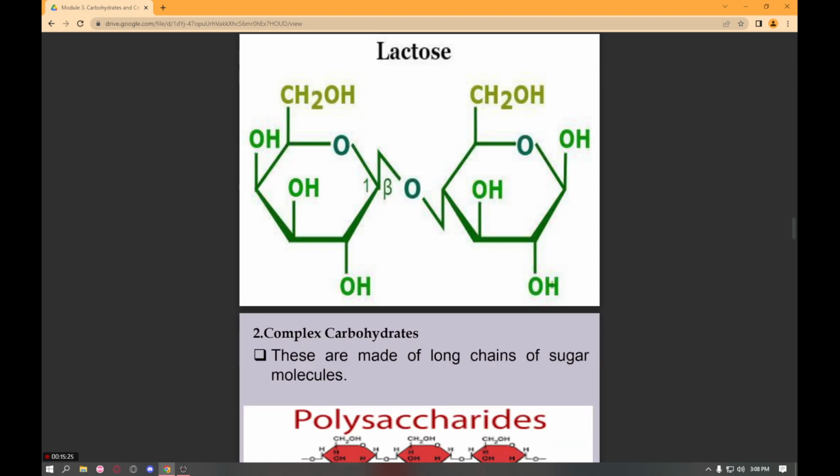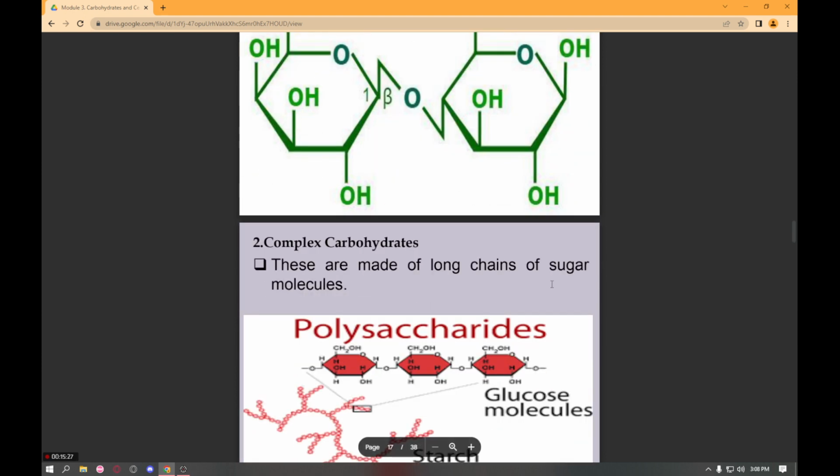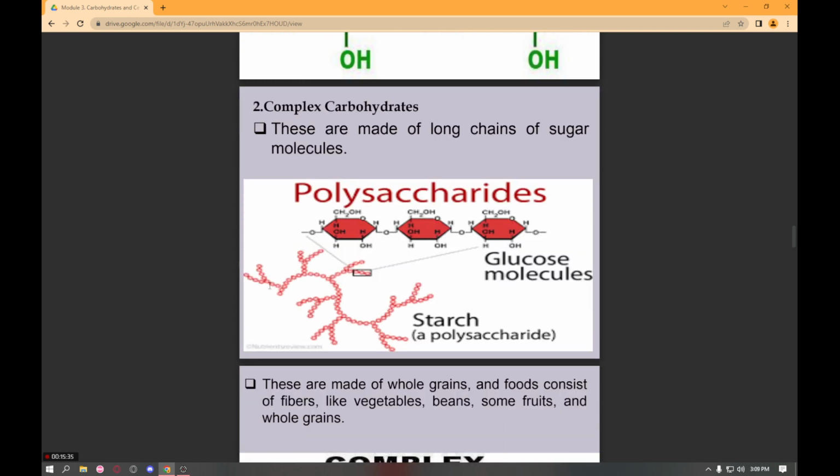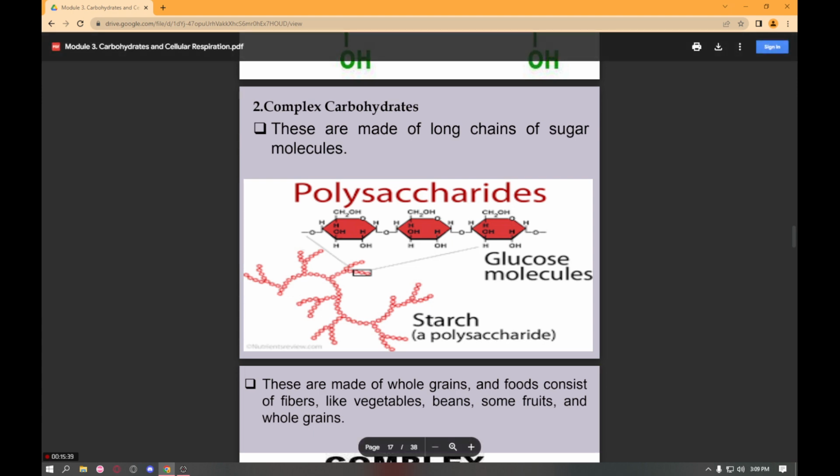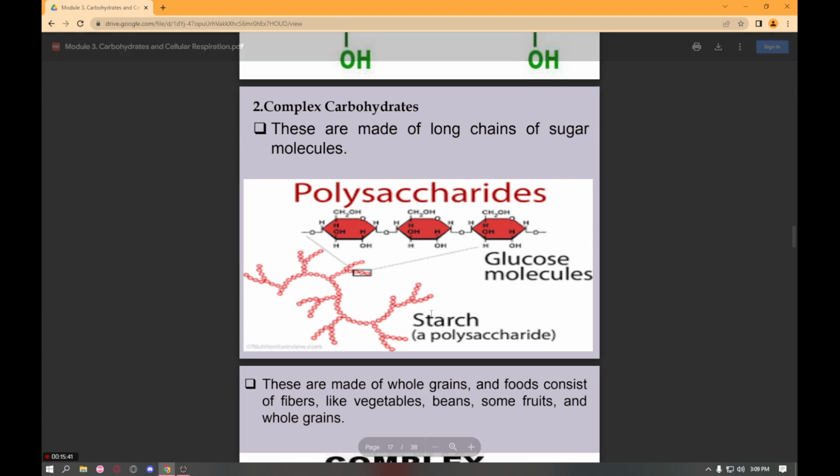The second one here is what you call the complex carbohydrates. So these are your polysaccharides, which are made of long chains of sugar molecules. So look at this, it is made up of long chains. Okay, this is starches, one of the examples of polysaccharides. It is necessary to convert these polysaccharides into glucose molecules before they are distributed into the bloodstream.